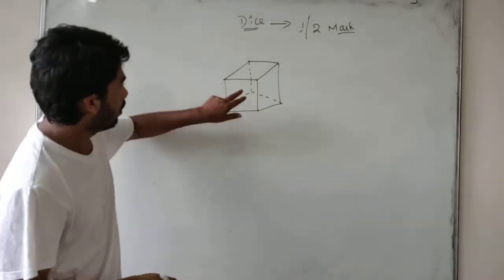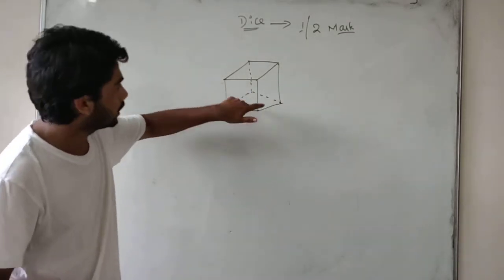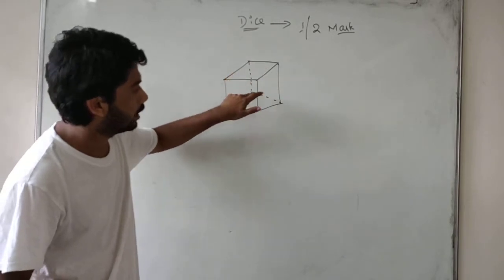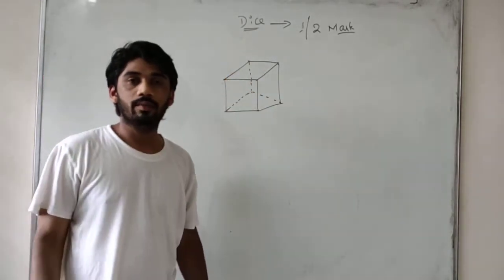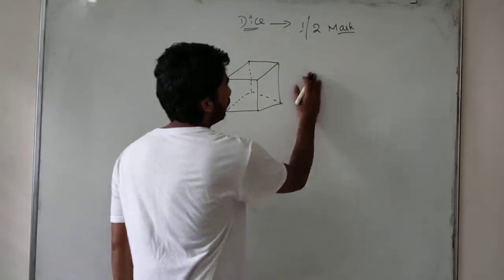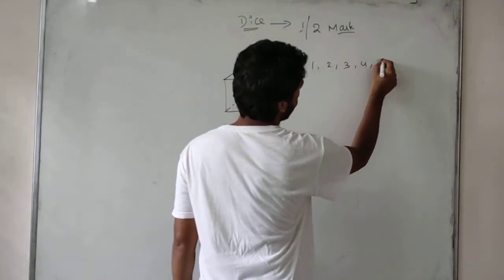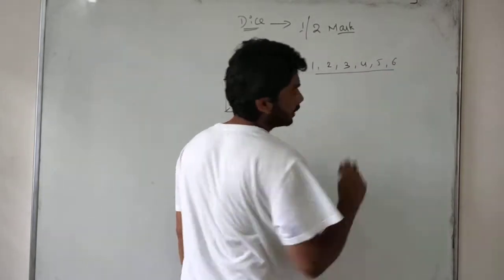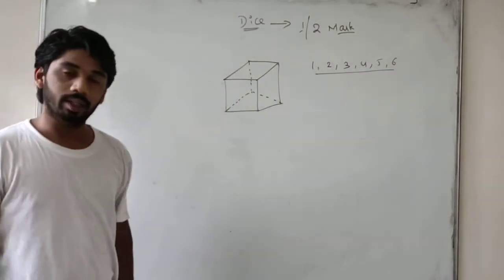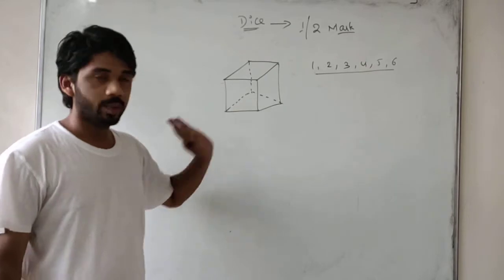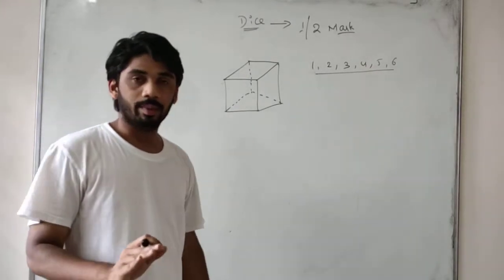See students, 1, 2, 3. 3 faces are hidden and only we can see 3 faces. Totally we can number it as 1, 2, 3, 4, 5, 6. 6 faces, 6 numbers will be coming in this dice.